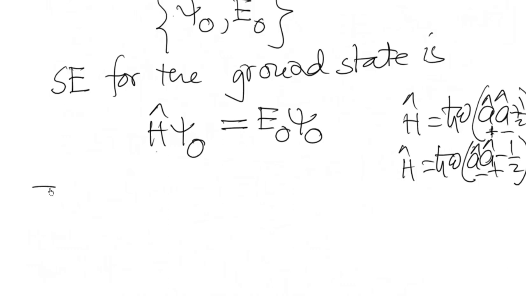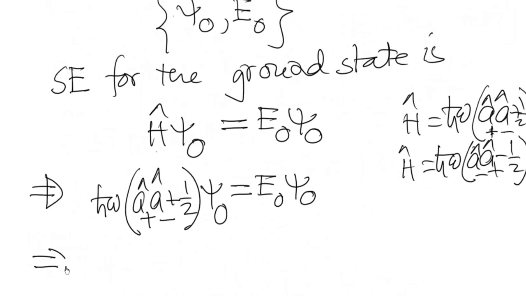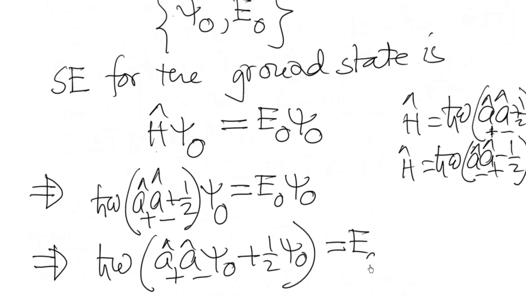So this will give us 0. So (a plus a minus plus 1/2) psi naught equals E naught psi naught. This a minus psi naught gives you 0, and this is half psi naught equal to E naught psi naught.